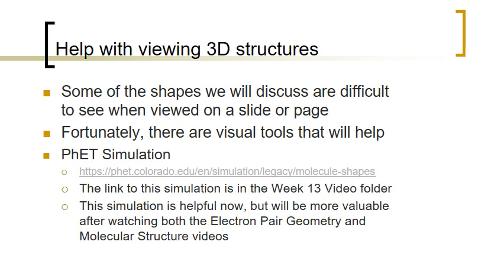There's a link to the simulation in the Week 13 video folder. Use it and play with it and you can see and rotate the various structures and geometries. The simulation will be helpful after watching this video, but look at it again after looking at both the electron pair geometry and molecular structure videos and possibly even the homework video.